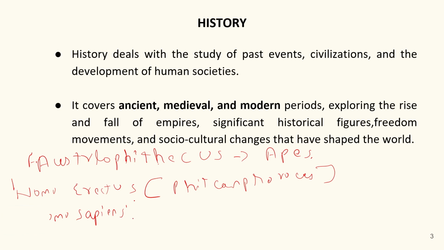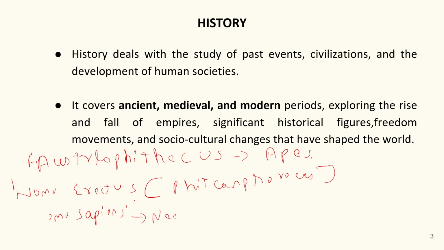So here we have gone through the evolution of humans, which is a part of history. First we were Australopithecus, completely apes. Then we came to Homo erectus, Pithecanthropus, who were not like the early humans or the modern humans, but in the middle of Australopithecus and modern humans. Then we came to Homo sapiens. These were like modern humans, and also the early humans, because they had a complete division.